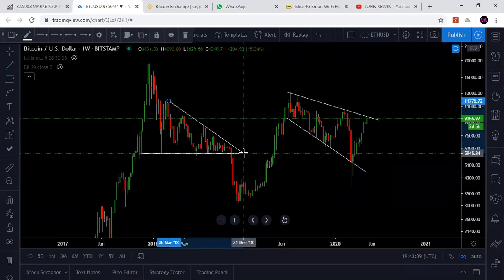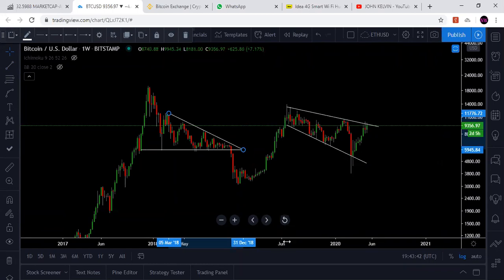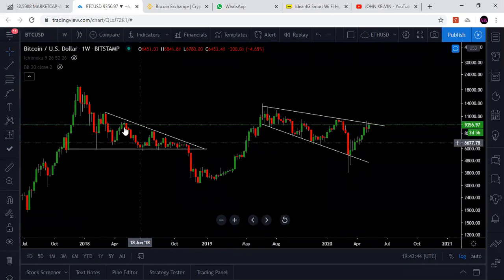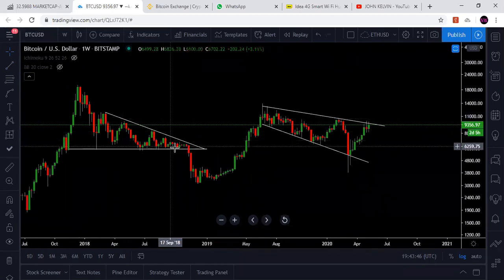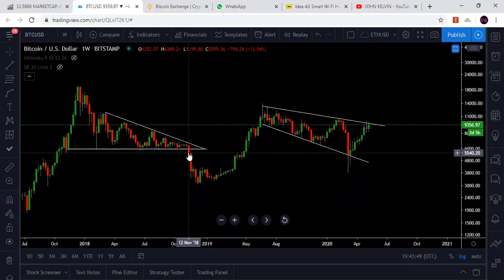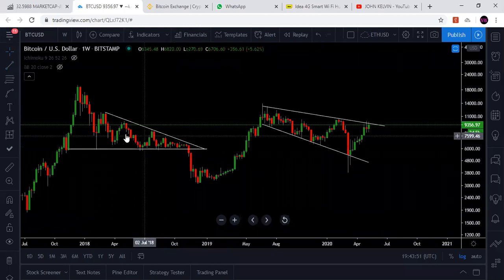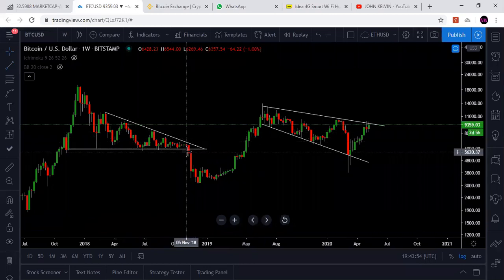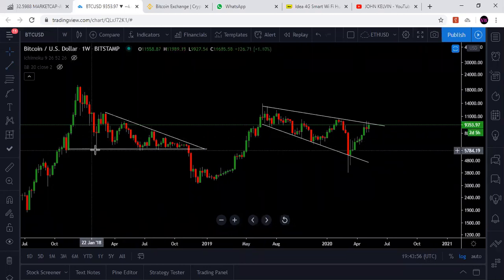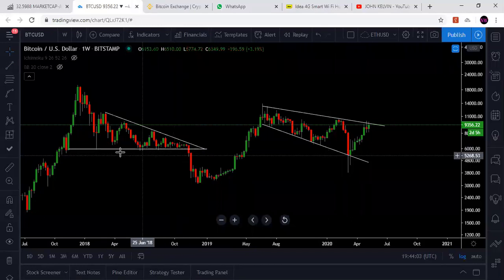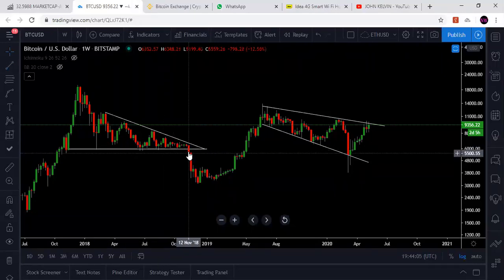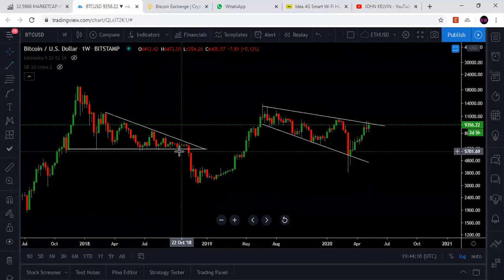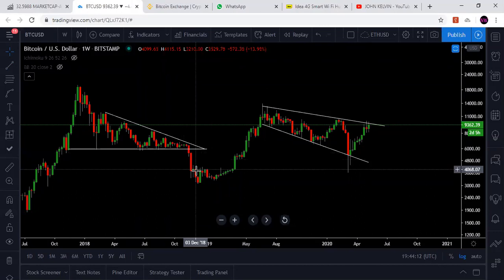But before that happened, when we were confirming this descending triangle, I said the body of the candlestick must close below this horizontal level, which has been a very strong level for a very long time. This body of the candlestick has violated that level and gives a signal for more push to the downside.